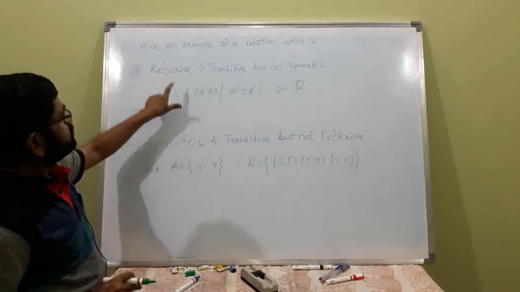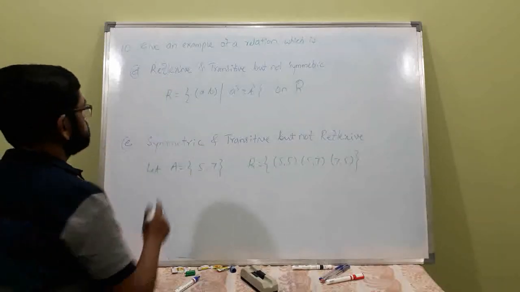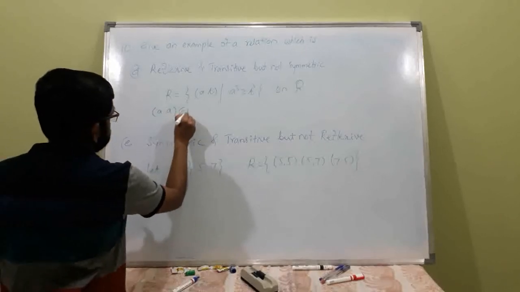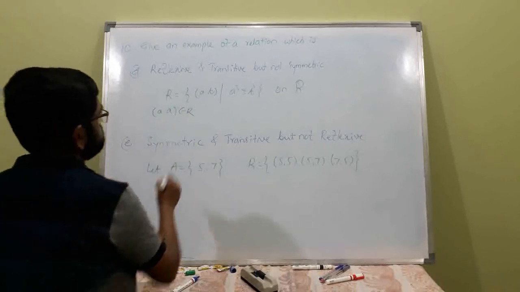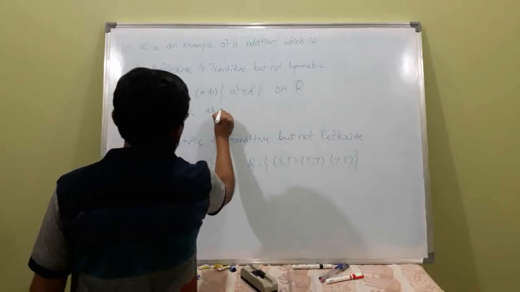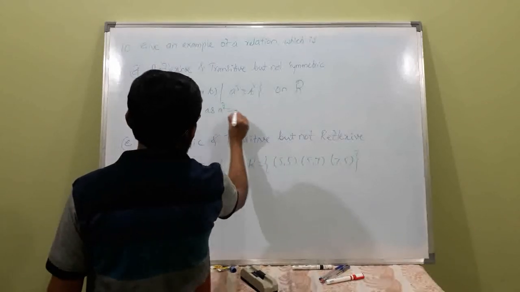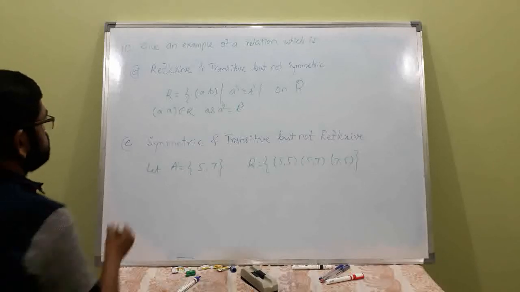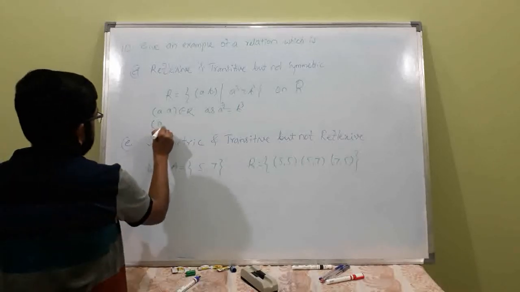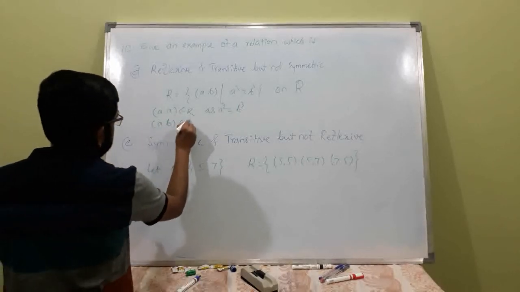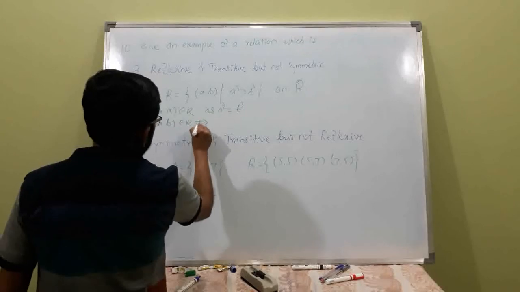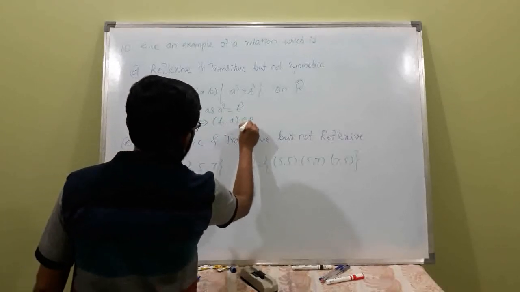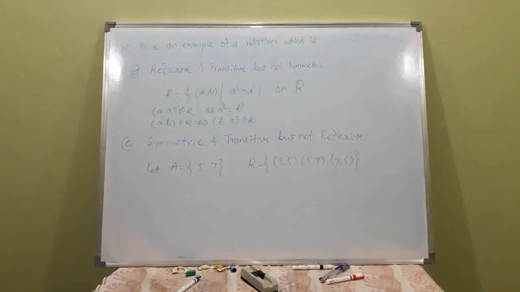See, this is reflexive because (a, a) belongs to R, as a cube is equal to a cube. (a, b) belongs to R does not imply (b, a) belongs to R. So, not symmetric.